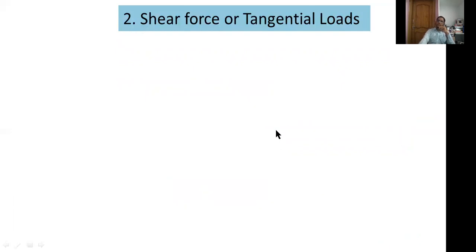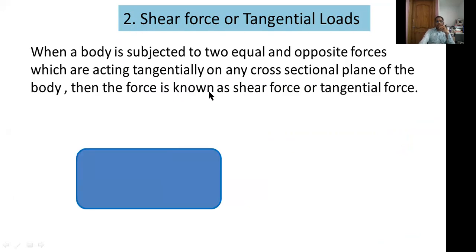Shear force, also called tangential load. When a body is subjected to two equal and opposite forces which are acting tangentially on any cross-sectional plane of the body, then the force is known as shear force or tangential force.